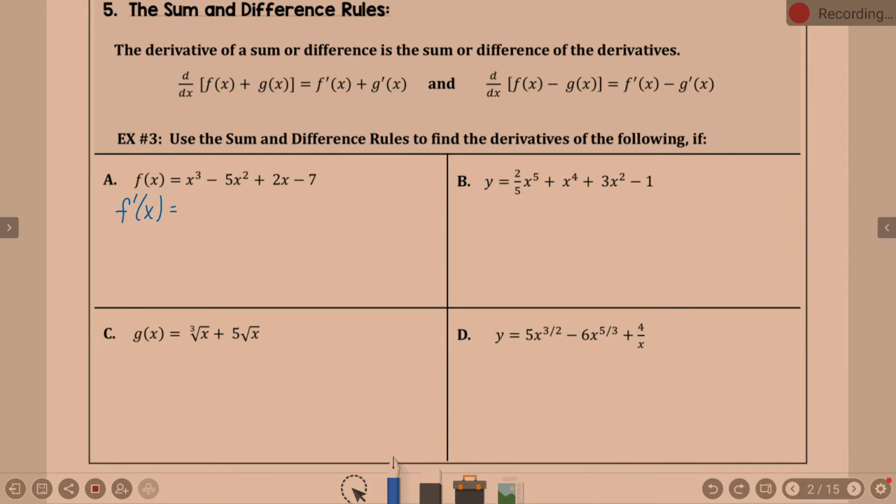Derivative of x to the third: 3x to the second. Move the 3 out in front, subtract 1 from the power, makes it 3x to the second.